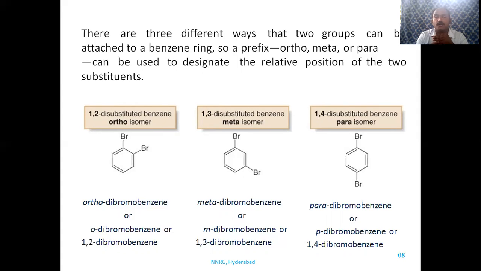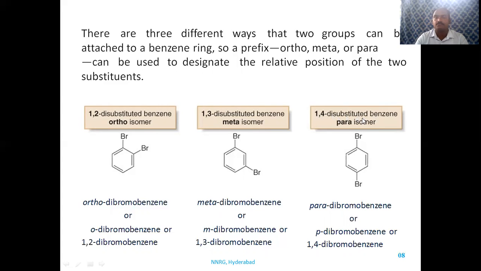So all three are isomers. Disubstituted molecules will have three isomers, that is ortho isomer, meta isomer, and para isomer. Ortho isomer we call 1,2 disubstituted benzene. Meta isomer we call 1,3 disubstituted benzene, and para isomer we call 1,4 disubstituted benzene.